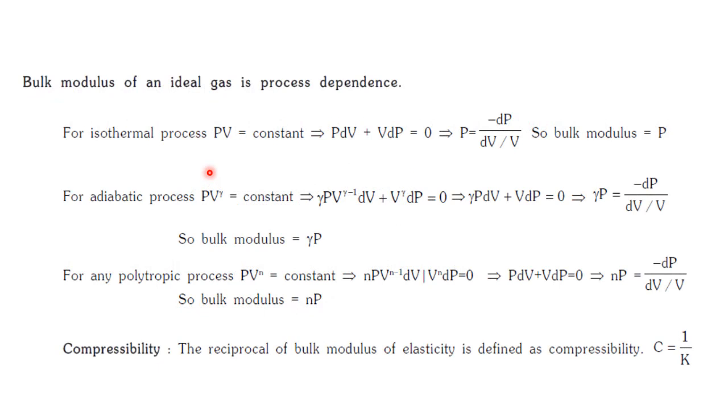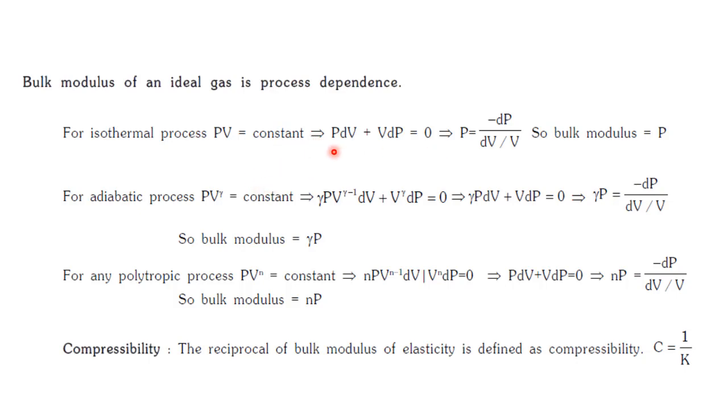Now if you consider an ideal gas, the value of the bulk modulus depends upon which process the system is undergoing: is it isothermal, adiabatic, or polytropic? For isothermal, where temperature T is constant, we write PV equal to constant.